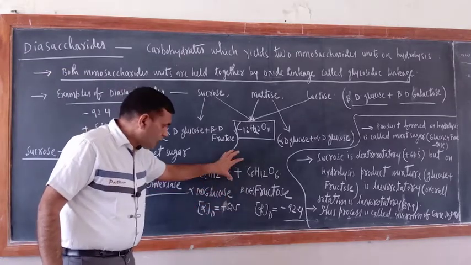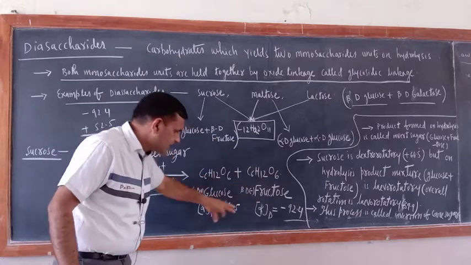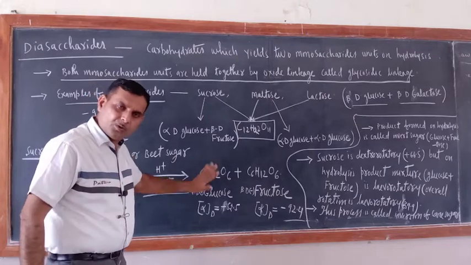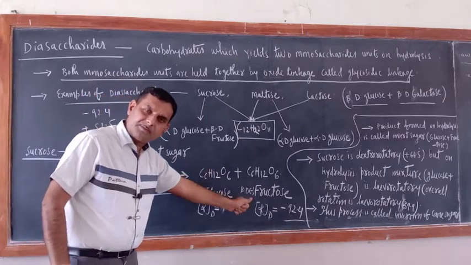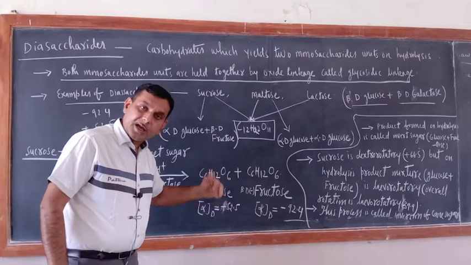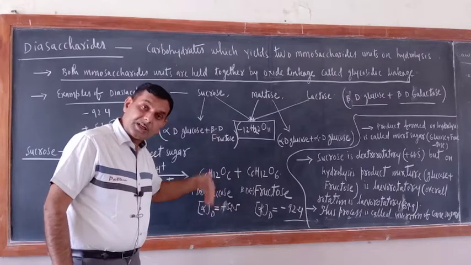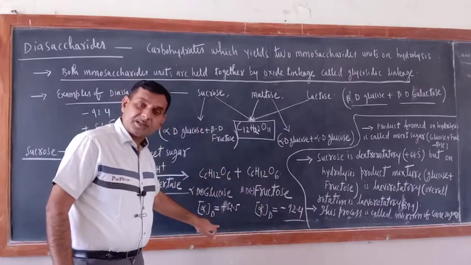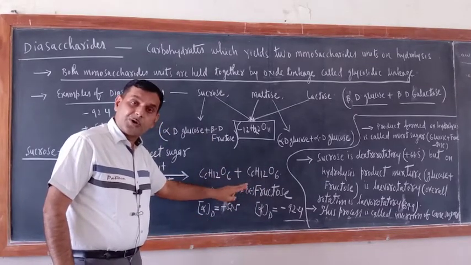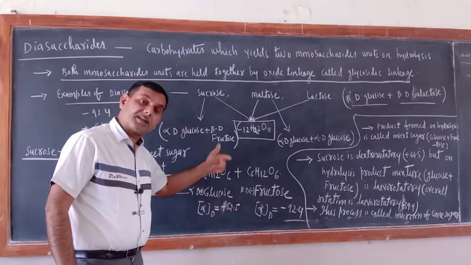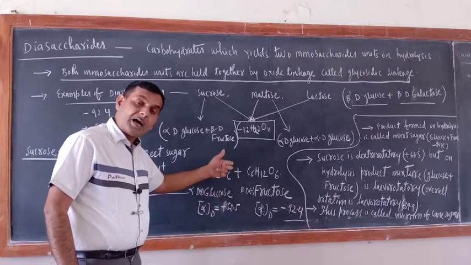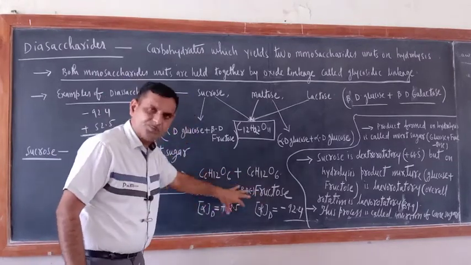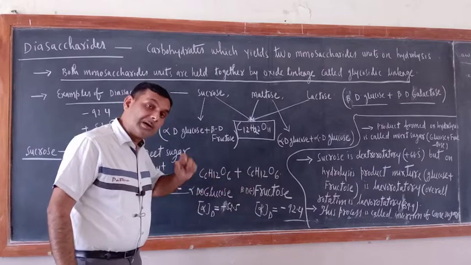So this overall mixture is now laevorotatory. I hope you are getting my point. Glucose is dextrorotatory, but fructose is laevorotatory with minus 92.4. Even if you subtract, laevorotation is still greater by minus 39.9. So this entire reaction mixture is now laevorotatory.